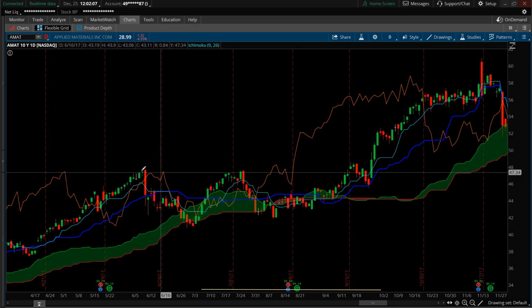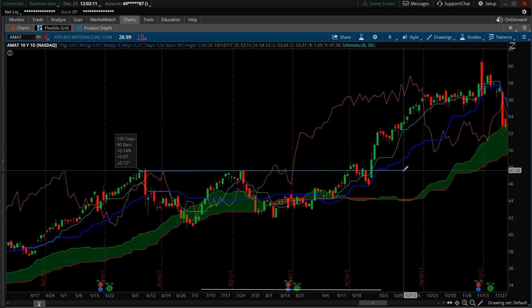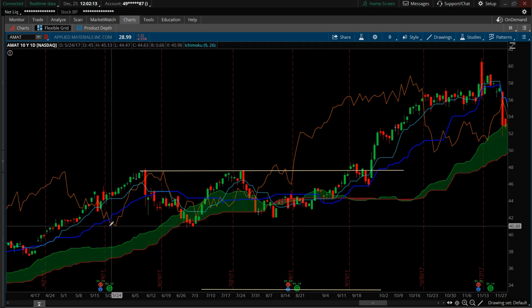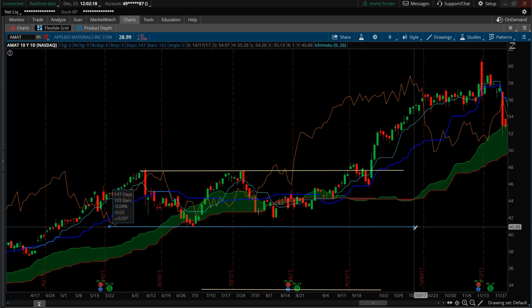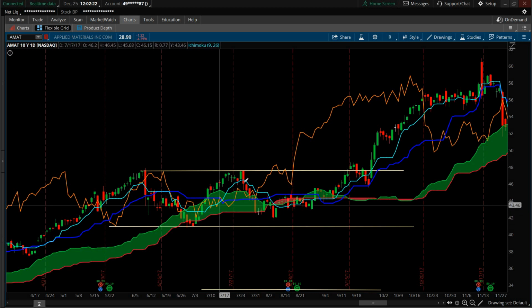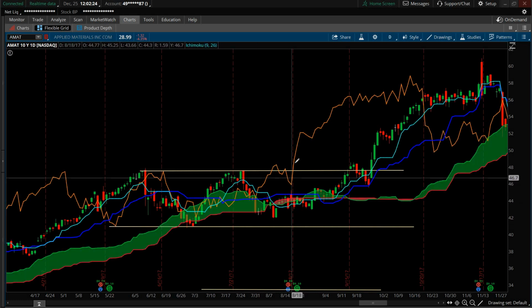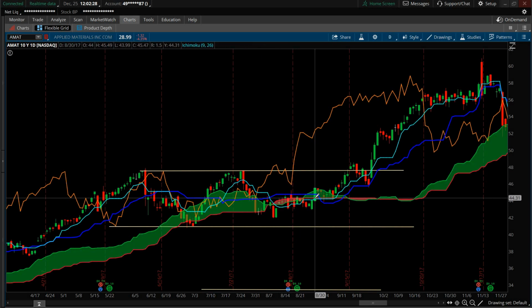If you mark the highest high right here, and then you mark this lowest low down here, it's showing you that the stock is not going anywhere. It's ranging. So until the chikou span breaks above it and runs, this stock is not going anywhere.